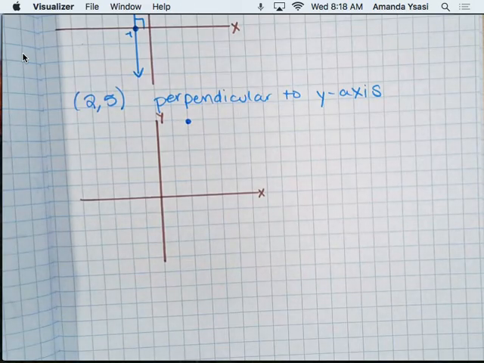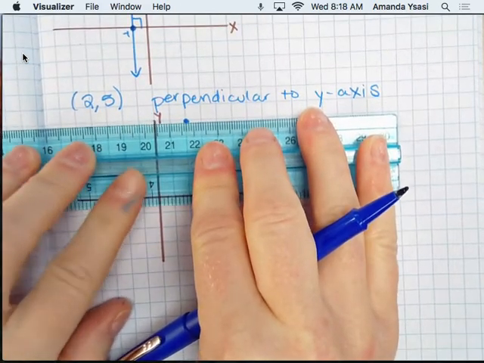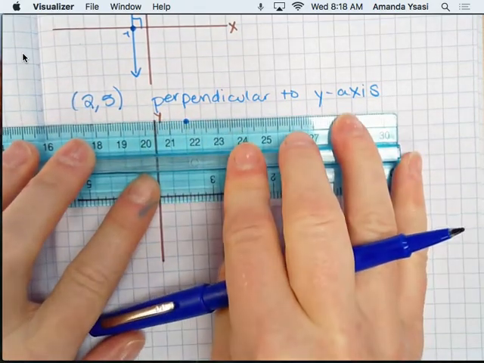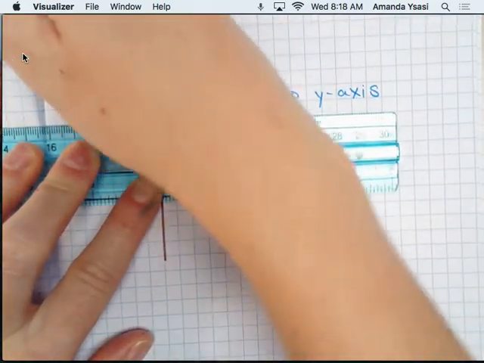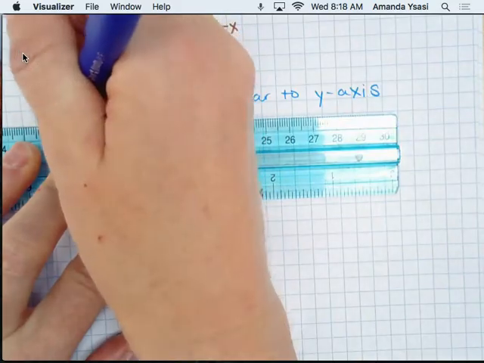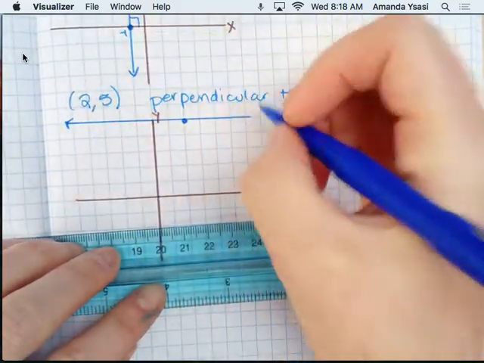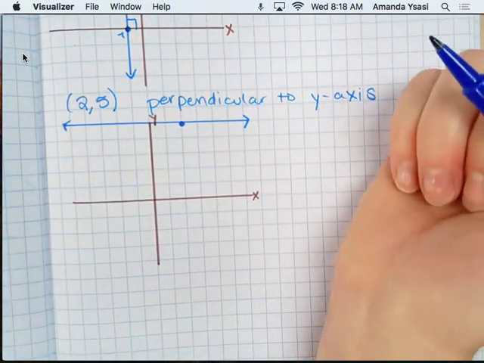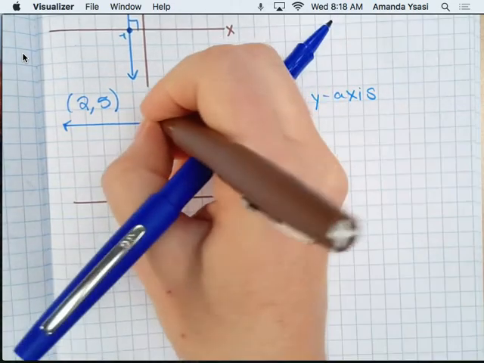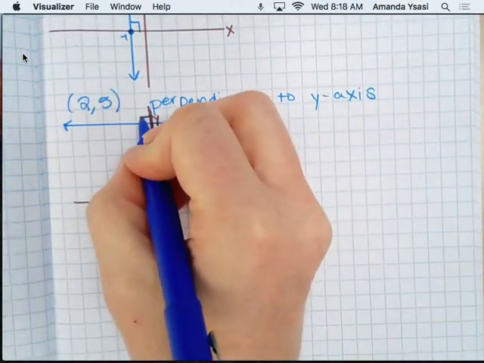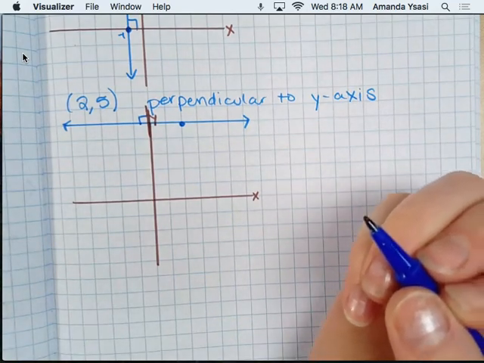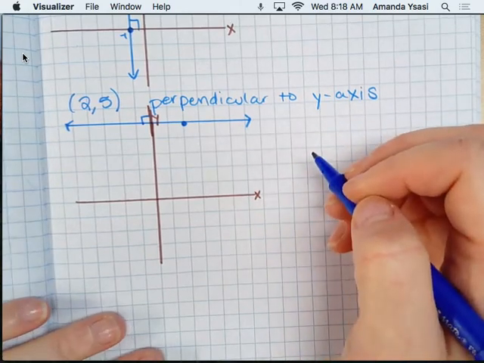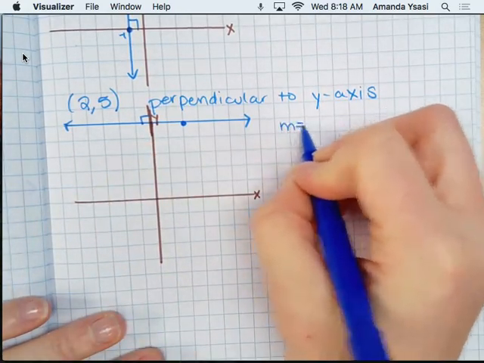To be perpendicular to the y-axis, it's going to be a 0 slope, because you want it to make a right angle with the y-axis. So it's a horizontal line. If I extend this, I can put the little right angle on that side if I want, or I can even put it underneath. The slope of a horizontal line is 0.